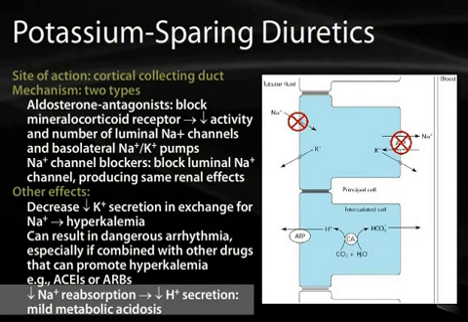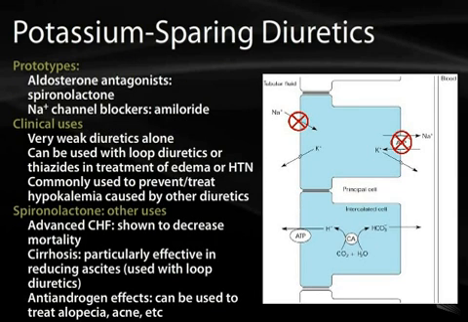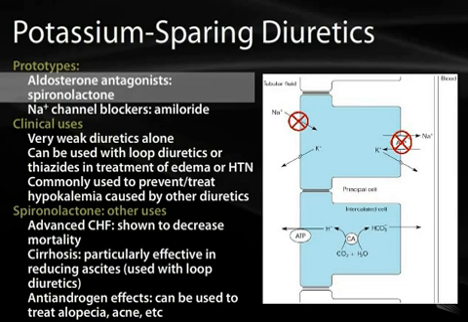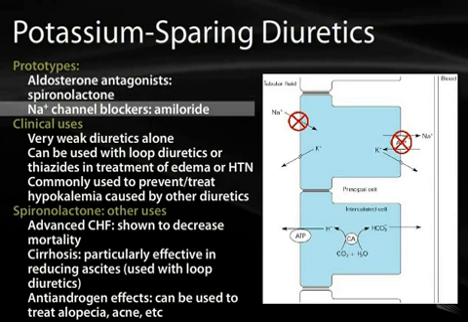Also, the decreased sodium reabsorption can lead to decreased hydrogen secretion, which can lead to a mild metabolic acidosis, although this is less seen in the clinical setting. The prototypes of potassium-sparing diuretics are aldosterone antagonists, also known as spironolactone or eplerenone, as well as the direct sodium channel blockers, the prototype being amiloride.